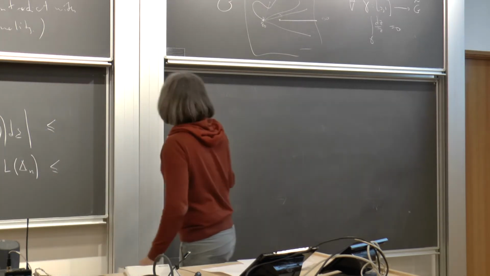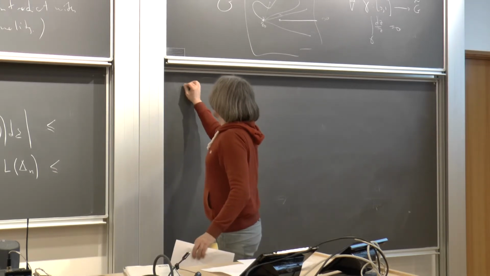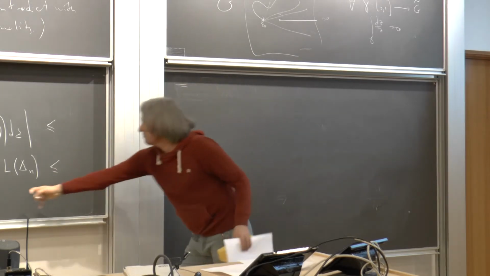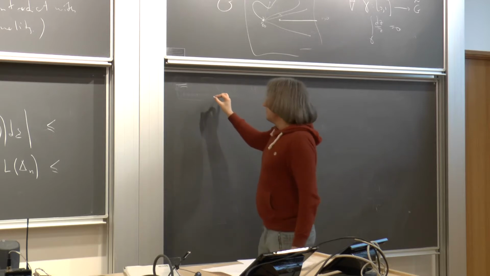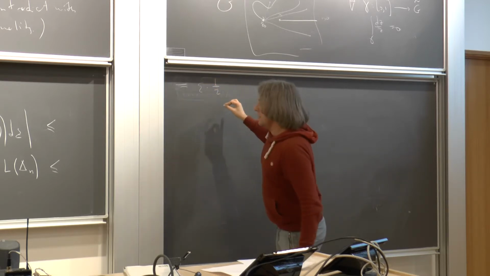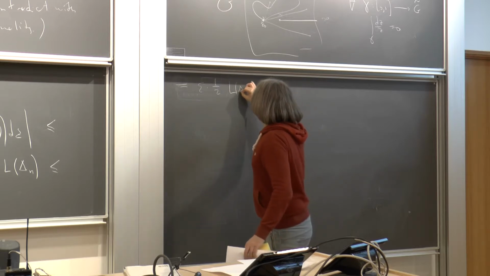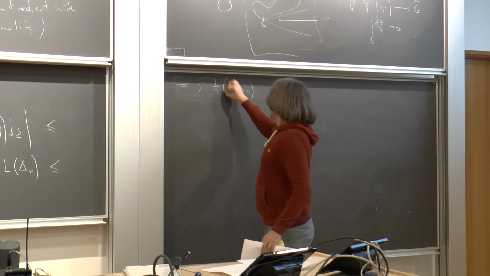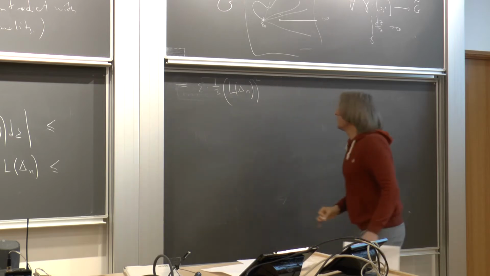So the point is that we get that this is equal to, I'm continuing from here, epsilon times 1/2 L of delta n squared.